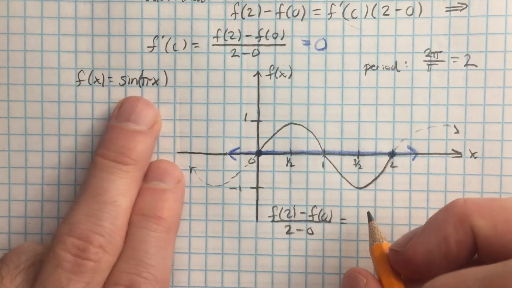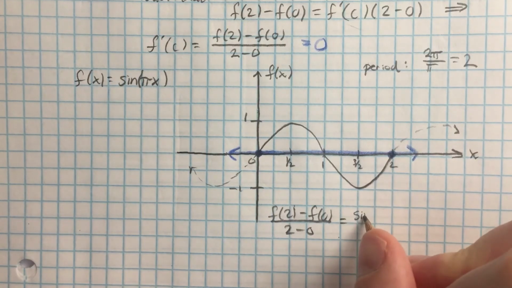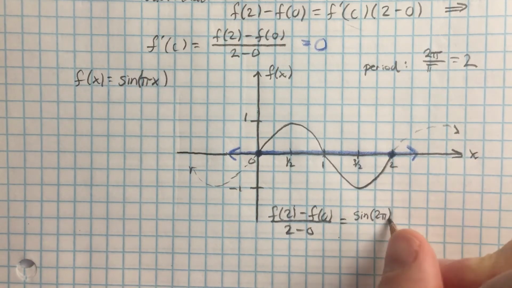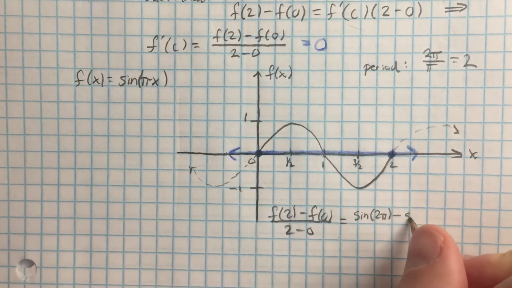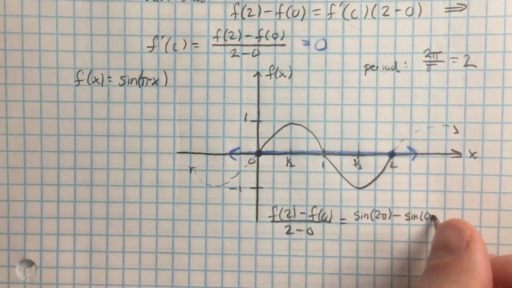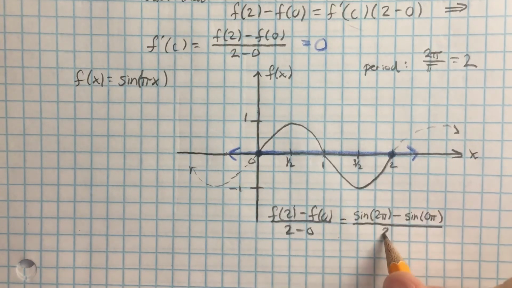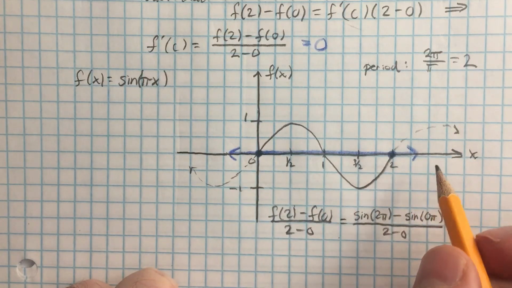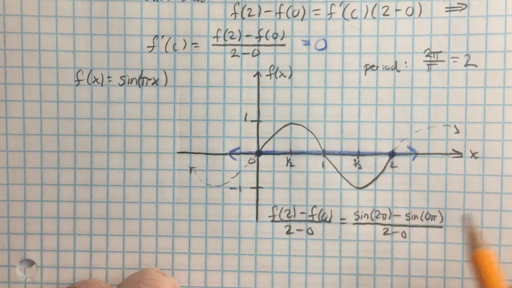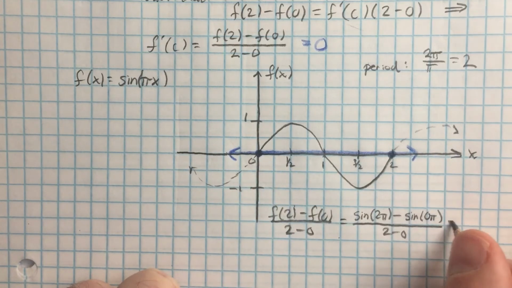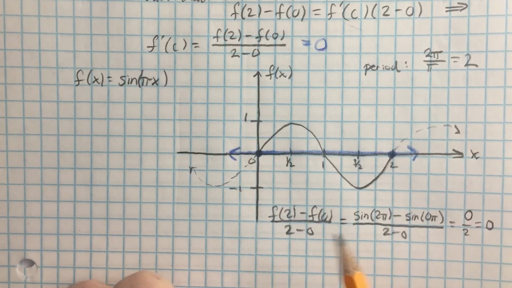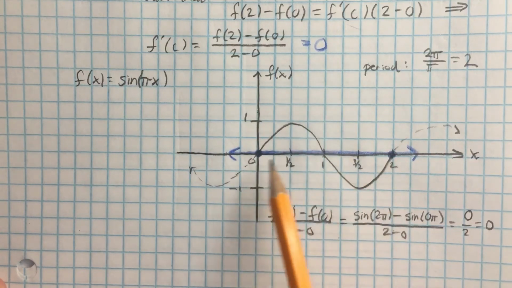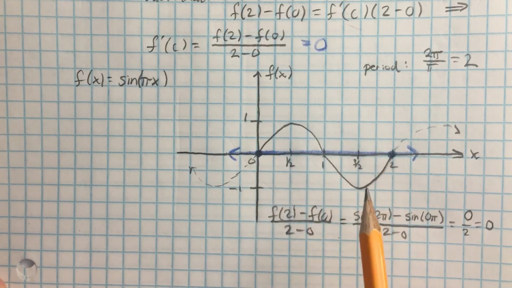We'll have sine of pi times 2, so sine of 2 pi, minus sine of pi times 0, sine of 0 pi, over 2 minus 0. Sorry, sine of 2 pi is 0, that's this location, and sine of 0 pi is this location. So we get 0 minus 0 over 2, which is, of course, 0. So we were correct, right? The blue secant line slope is 0.